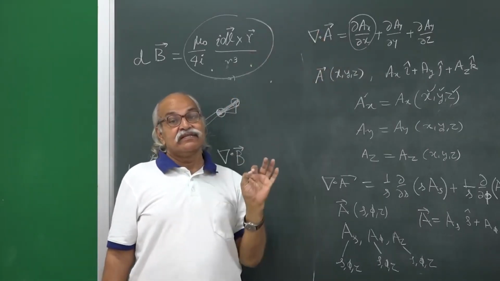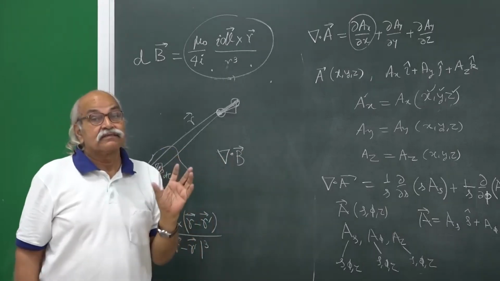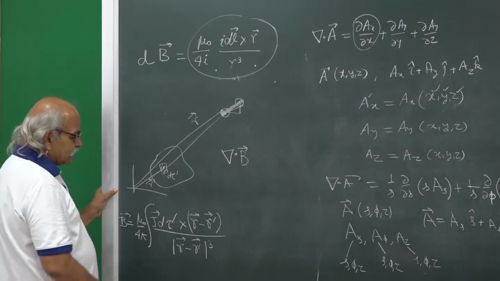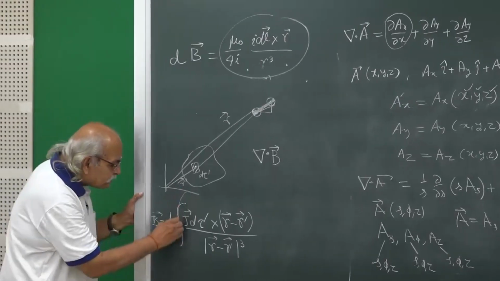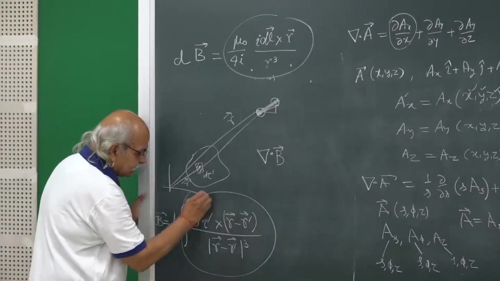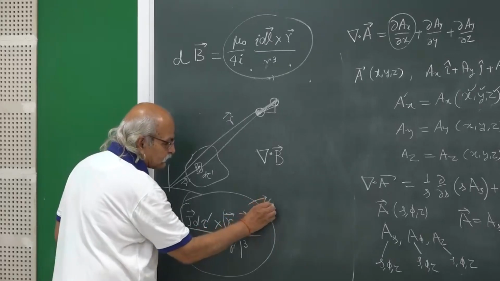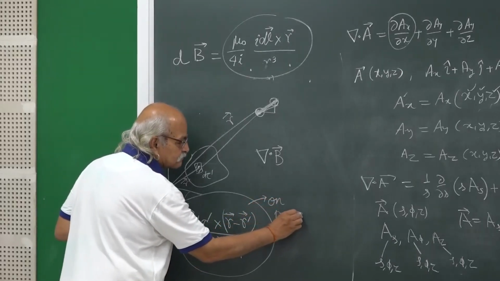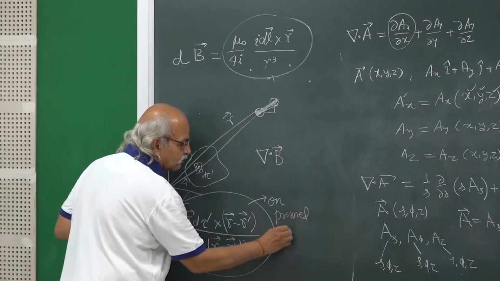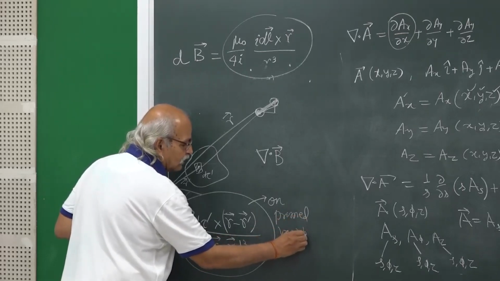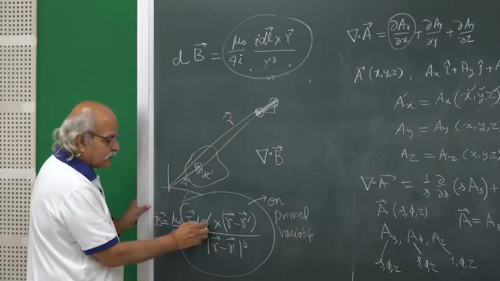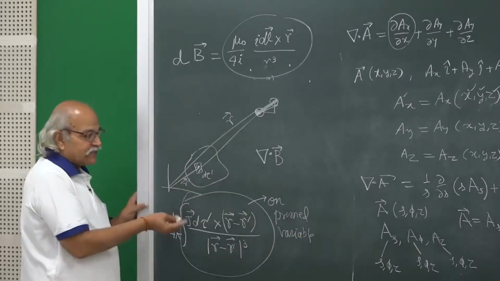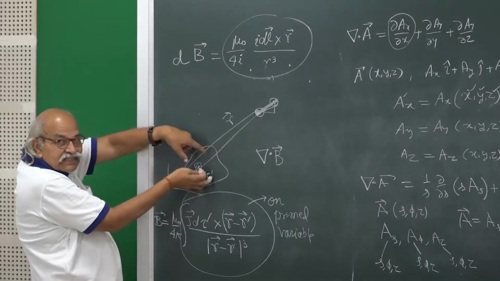So remember this minute statement that when I am doing integration, this integration is on primed quantity. That means this d tau prime, this r prime, that we have to change and do the whole integration on this current distribution.